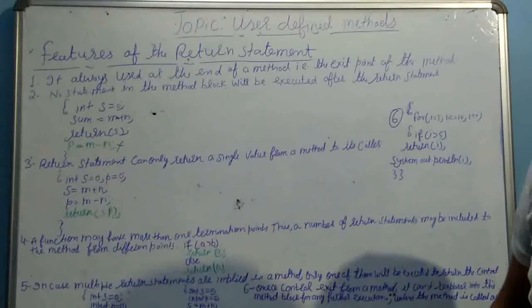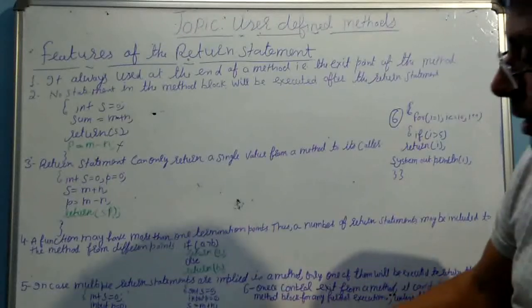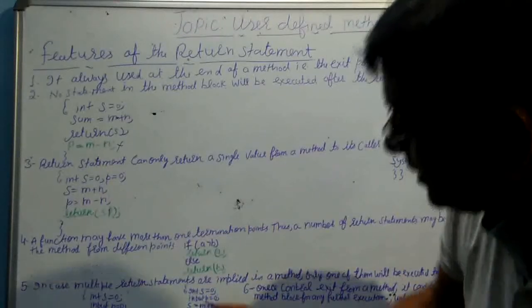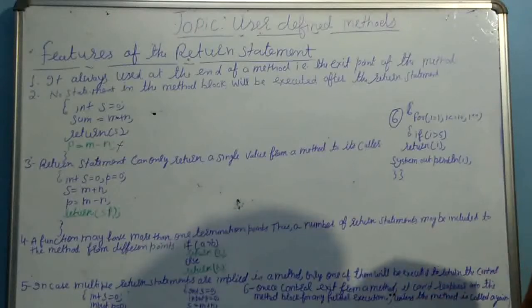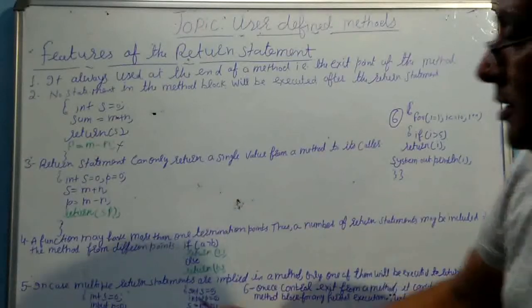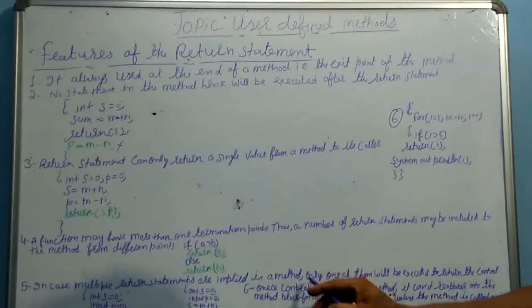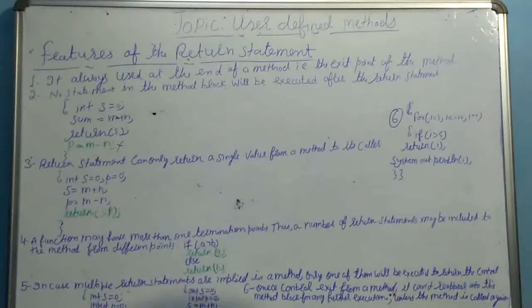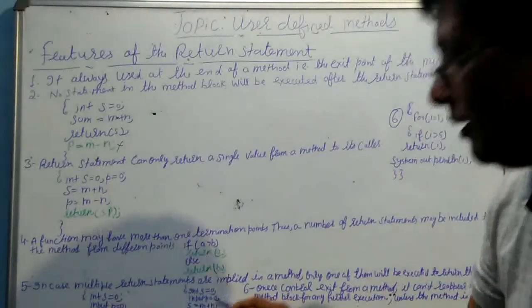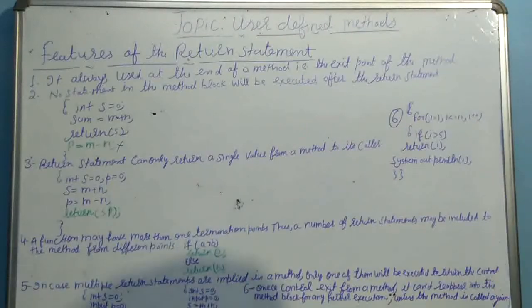Means suppose you are using more than two return statements in the program, then what happens? Only one of them will be executed, maybe the first.